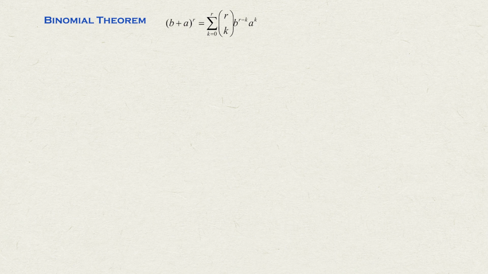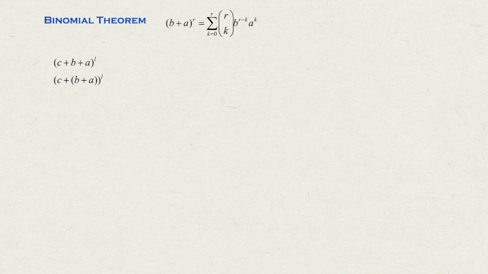We're going to use the binomial theorem to look at c plus b plus a to the L power, where L represents which level of the tetrahedron is needed for the coefficients. We will now group b and a together so we can view it as one term, and thus we will be expanding a binomial where the first term is c and the second term is the quantity b plus a.